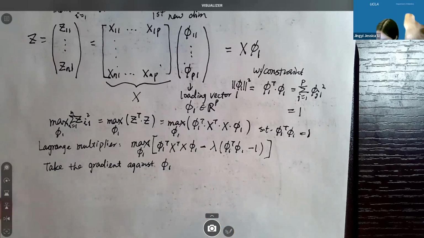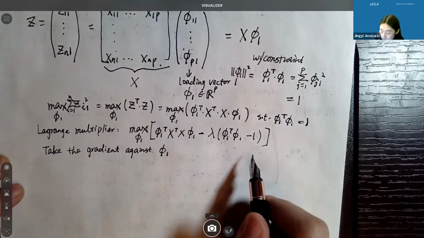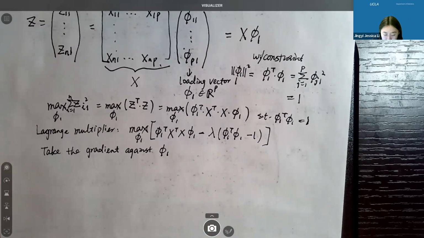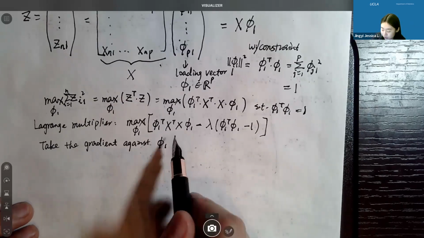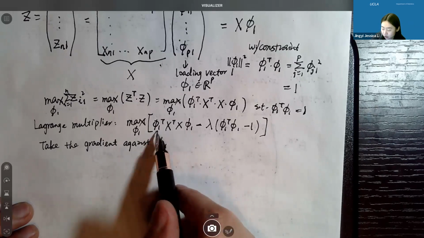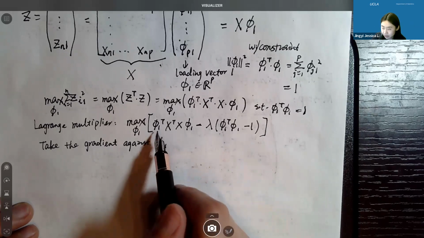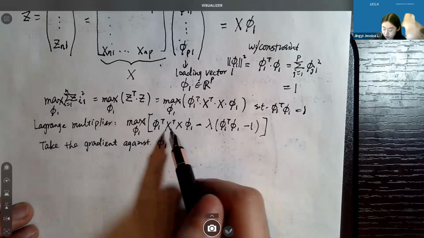And we want to set the gradient to 0, right? So now this is matrix calculus. How can we take the gradient of that? The key is to bear in mind the dimension. If you assume the gradient to be a column vector, then this one is just a scalar value. For a scalar value, taking the gradient against a vector gives a column vector.